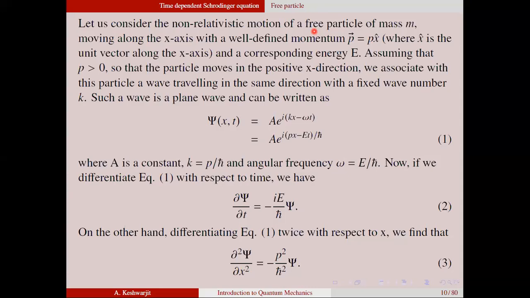In this course on quantum mechanics, whenever we say the word potential, we always mean potential energy. So a free particle has a constant potential energy, and this constant potential energy can be taken to be zero.